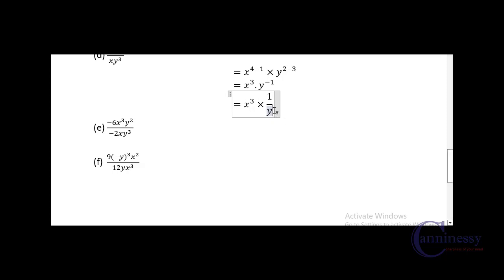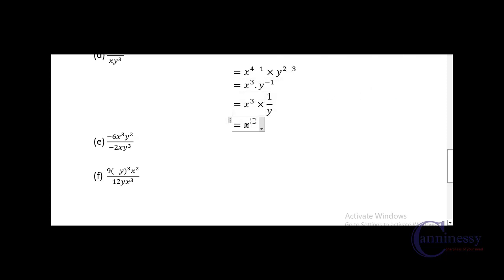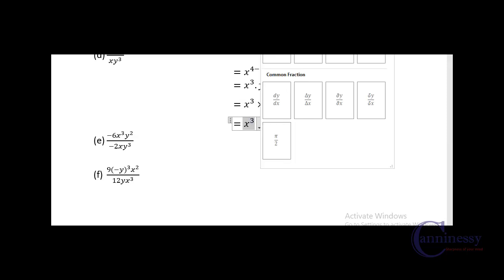We cannot leave our final answer in this format. In mathematics, we cannot leave our final answer in this format, because we can still simplify it. So our final answer will be x to the power 3 divided by y.